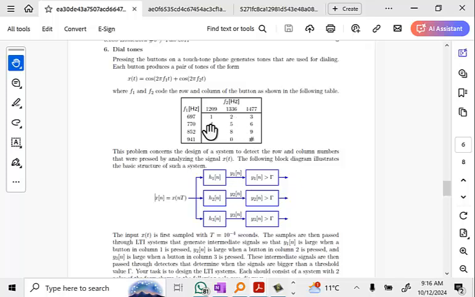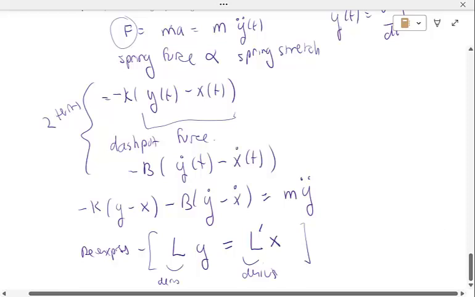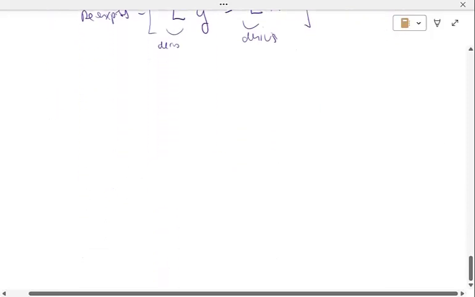Well, let's draw a picture. We'll do our time axis here, where we'll have steps here. And each step is 10 to the minus 4 seconds.